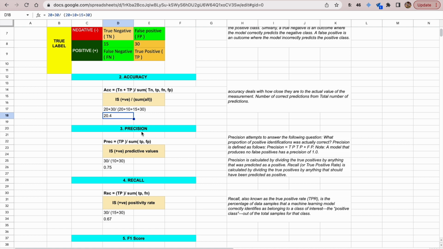Precision is very important when you have an imbalanced data set, and it tells you how precise the model outputs are. A model with no false positives has a perfect precision of 1.0, that is 100%.